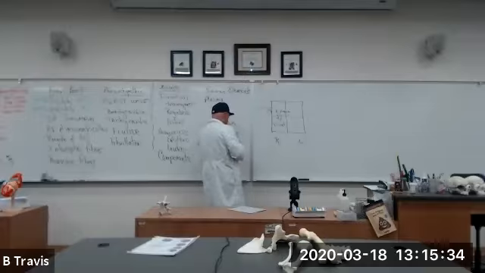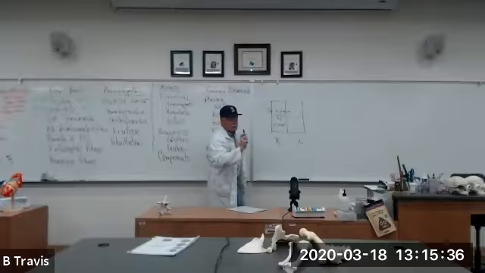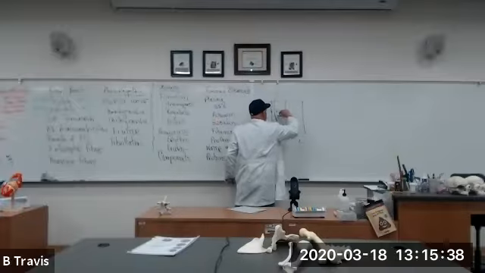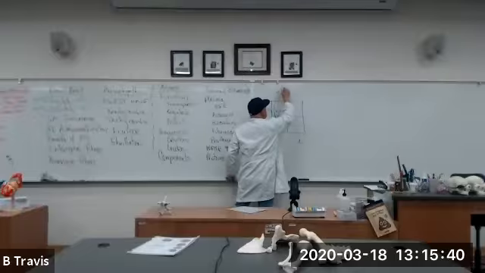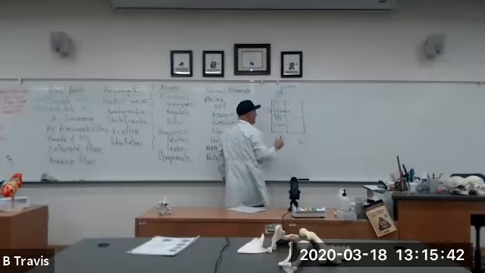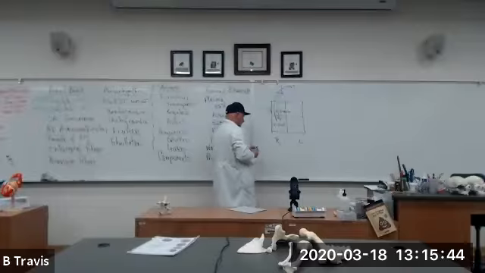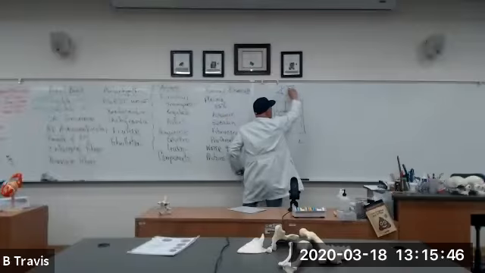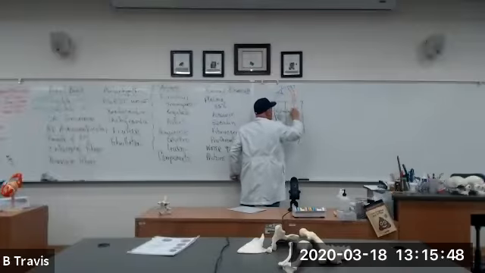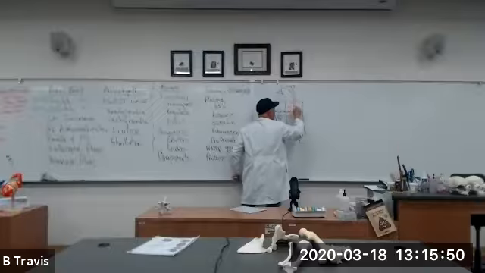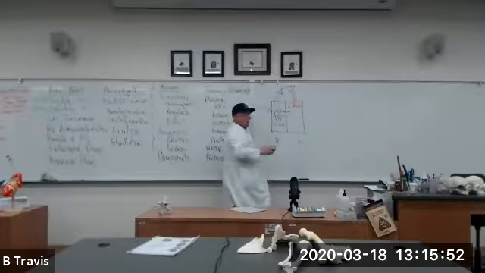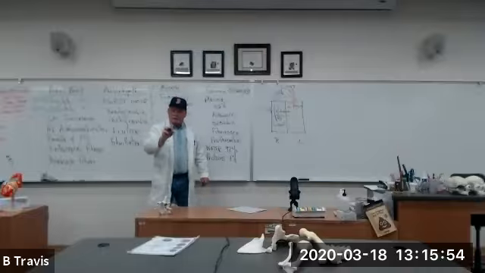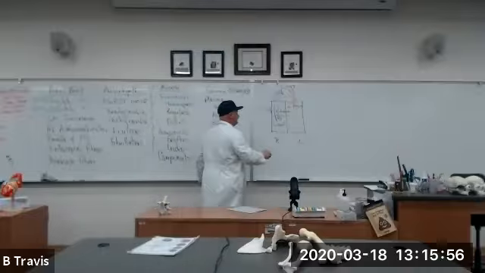From the right ventricle, and I'll do it in blue because it's unoxygenated blood, takes it up to the lungs. In the lungs, it's oxygenated, and it comes back to the left atrium. Remember, we described the atria as receivers and the ventricles as pumps.